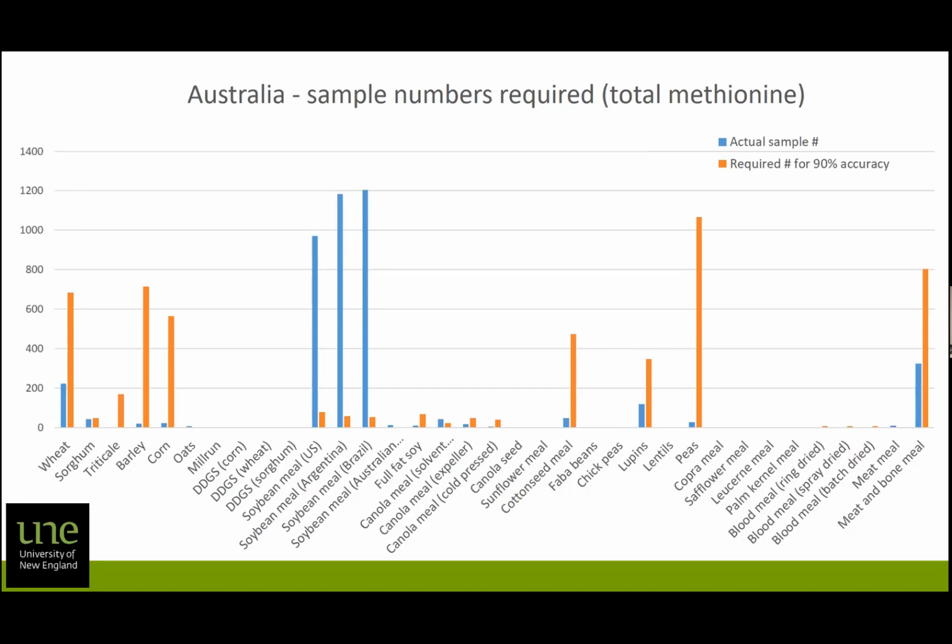When we look at the total amino acid contents of our ingredients, particularly for the Australian samples, we can see that a lot of the data doesn't have enough samples to estimate the mean with at least 90% accuracy. There are a lot more sample numbers required for things even like wheat, sorghum, triticale, barley, corn, as well as things like lupins and peas.